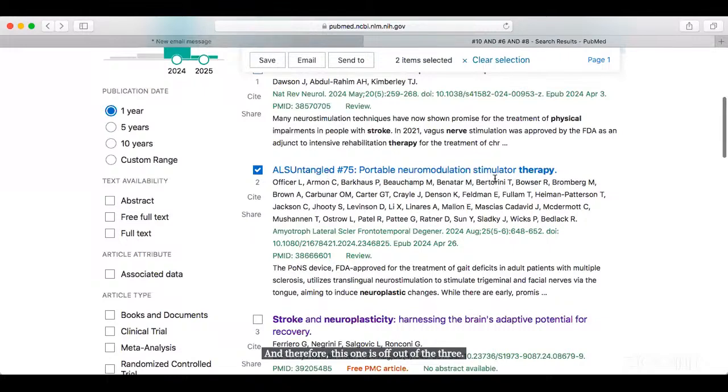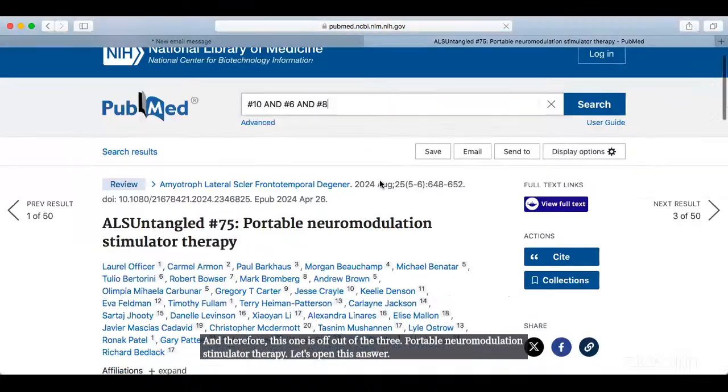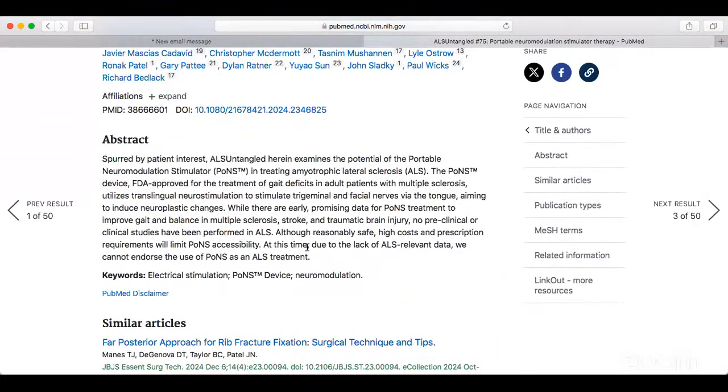Portable neuromodulation stimulator therapy. Let's open this and see. This also is a review. Although reasonably safe, high cost and prescription requirements will limit. Why do I say it's a review? Because I don't see any categorization looking at introduction, methodology, results, conclusion.